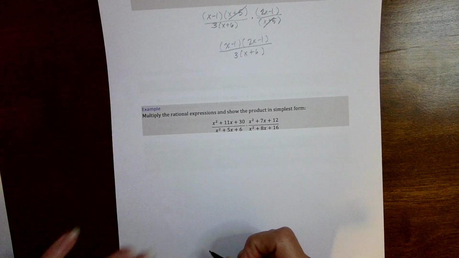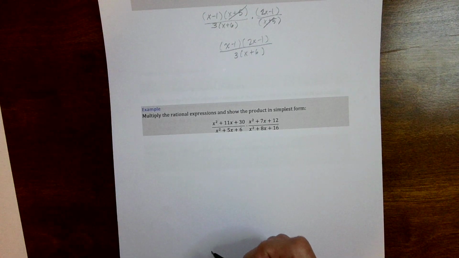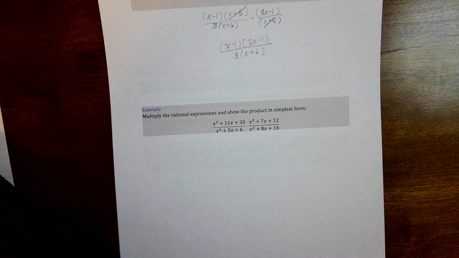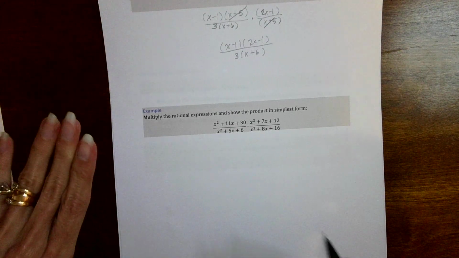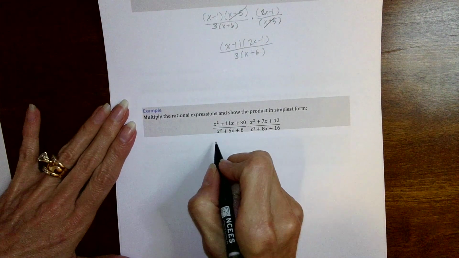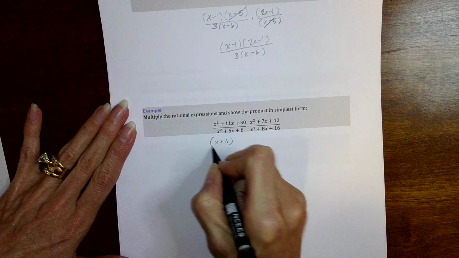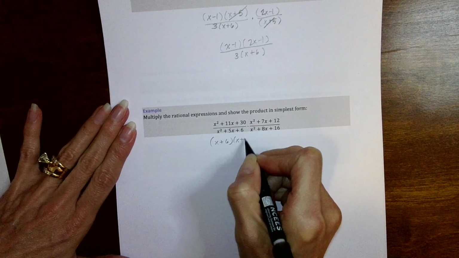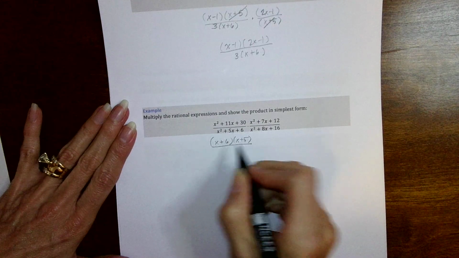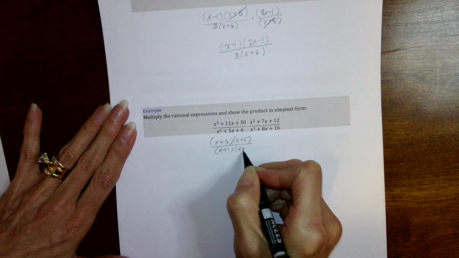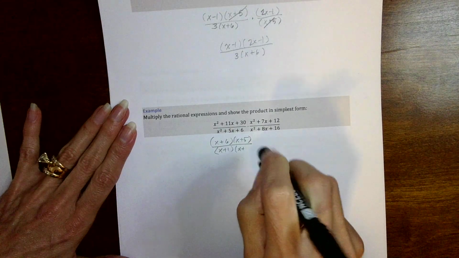Okay, wow, big one. So let's go ahead and do this one. Multiply rational expressions and show the product in its simplest form. So I'm going to factor the top, factor the bottom, oops, not x plus 1, is it?